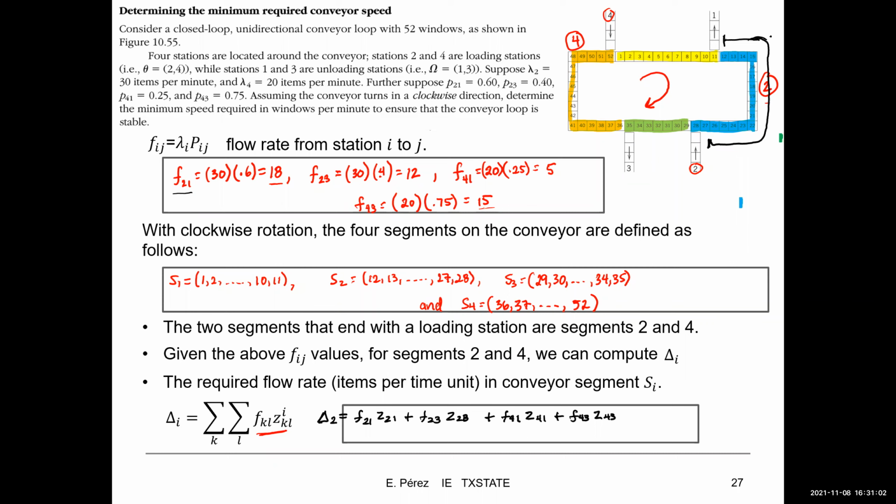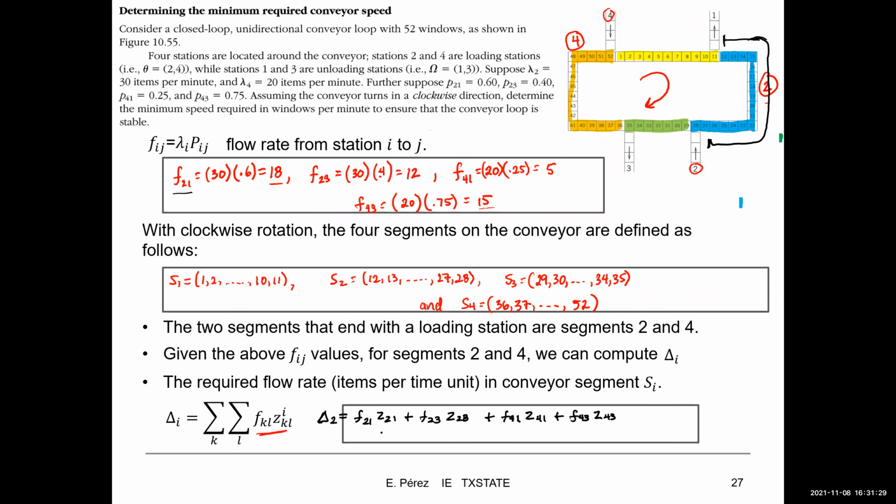So if you go from 2 to 1, are you using this blue segment? The answer is no, right? Because you don't have to pass through that piece. You're going this direction and you are getting unloaded.